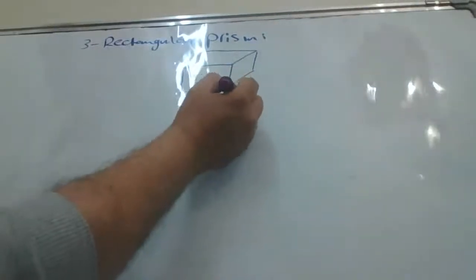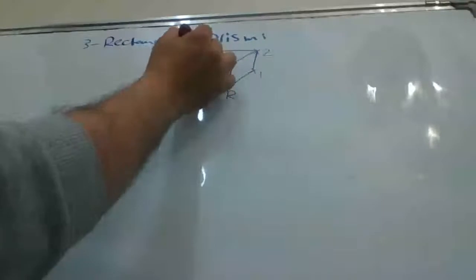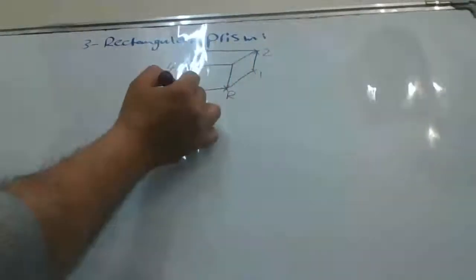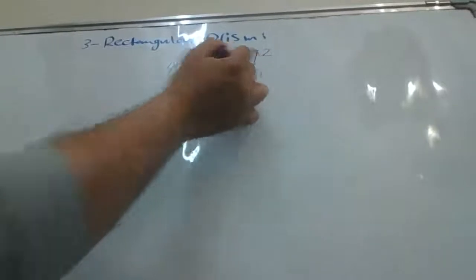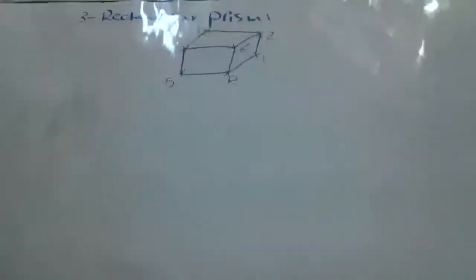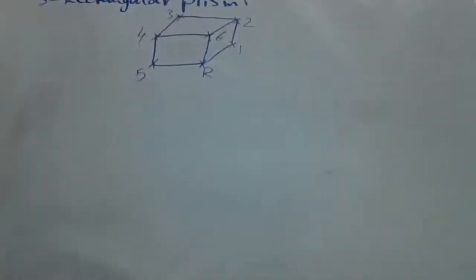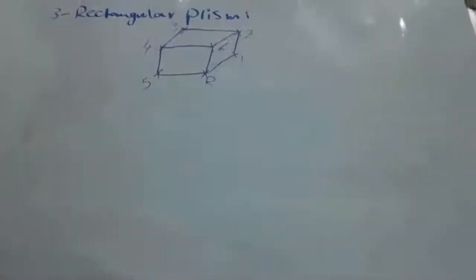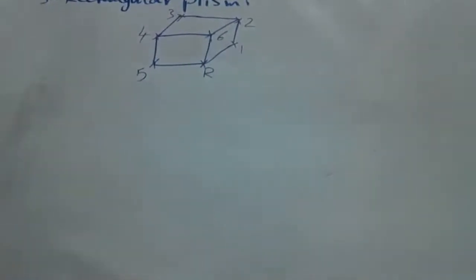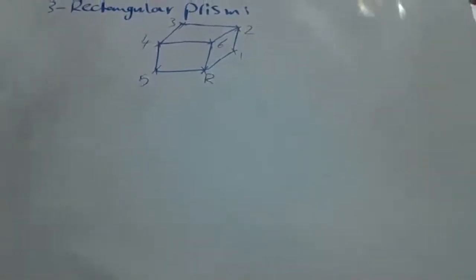Rectangular prism with given points 1, 2, 3, 4, 5, and 6. We have 6 points for a prism: R, 1, 2, 3, 4, 5, and 6.